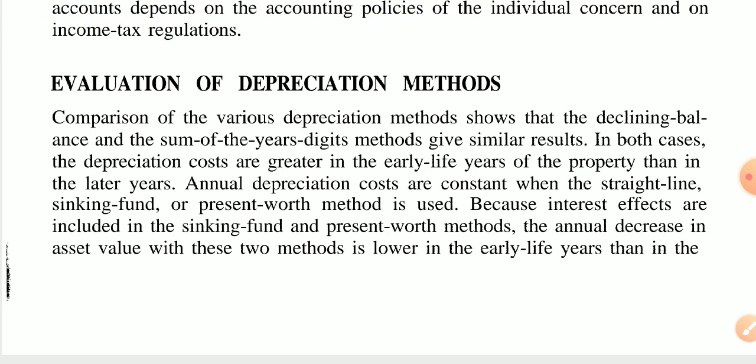The depreciation costs are greater in the early life years of the property than in the later years. Annual depreciation costs are constant when the straight line, sinking fund method, or present worth method is used, because interest effects are included in the sinking fund and present worth methods. The annual decrease in the asset value with these two methods is lower in the early life years.